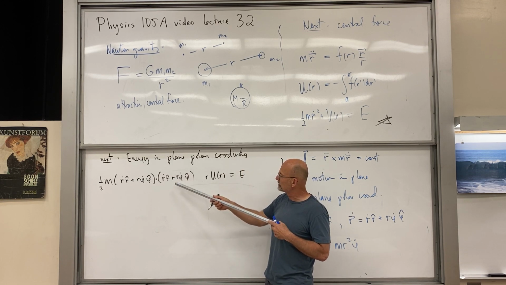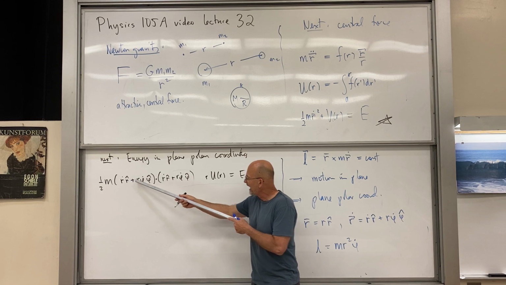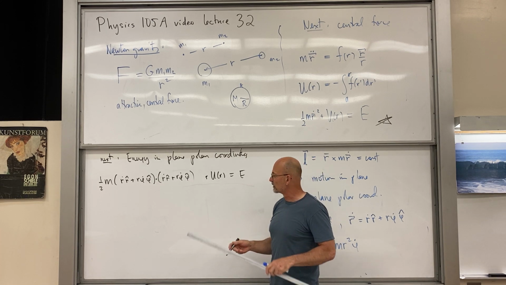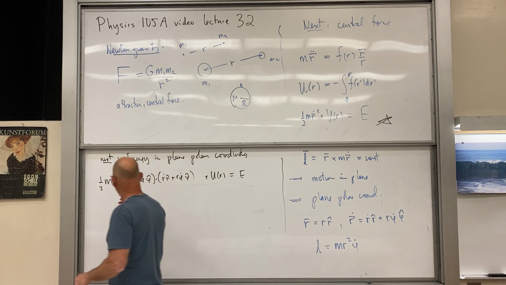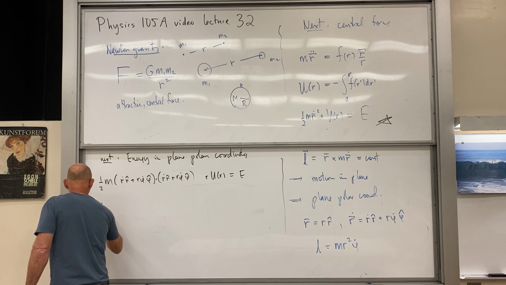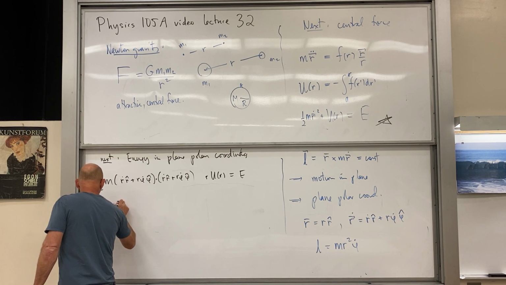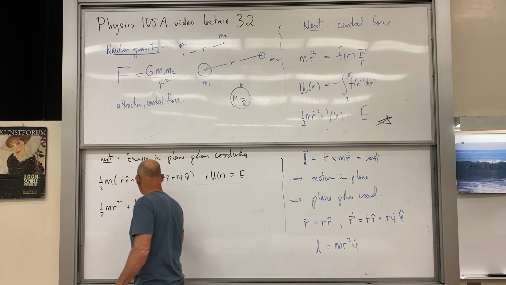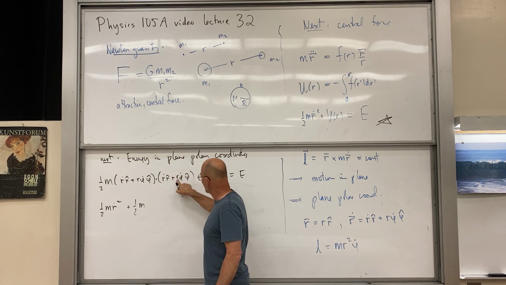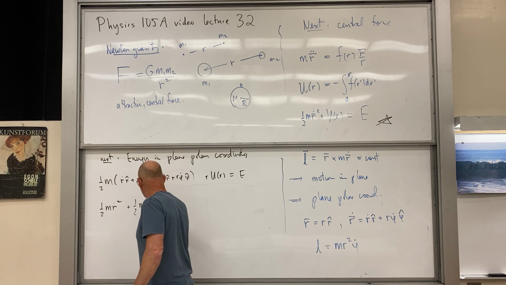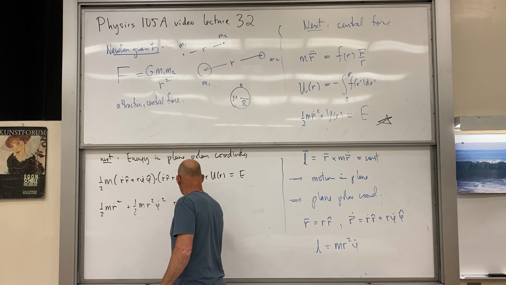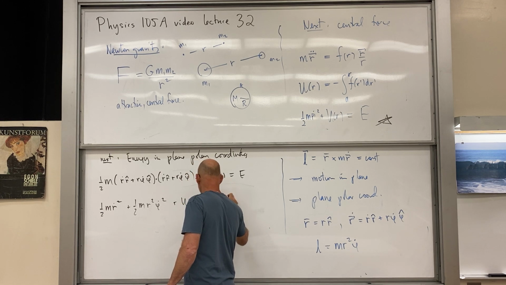Remember, these are orthogonal unit vectors, and r hat dotted into phi hat is 0. So cross terms go away, and we have simply 1/2 m r dot squared plus 1/2 m r squared phi dot squared plus u of r is equal to E.